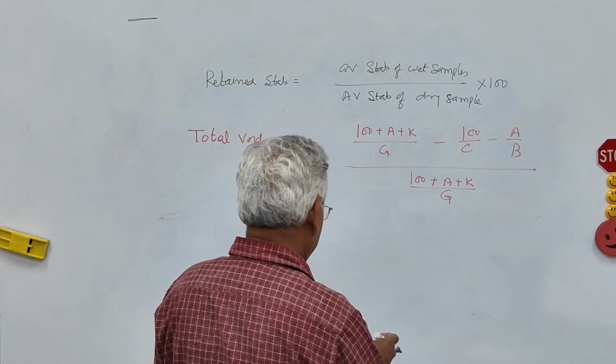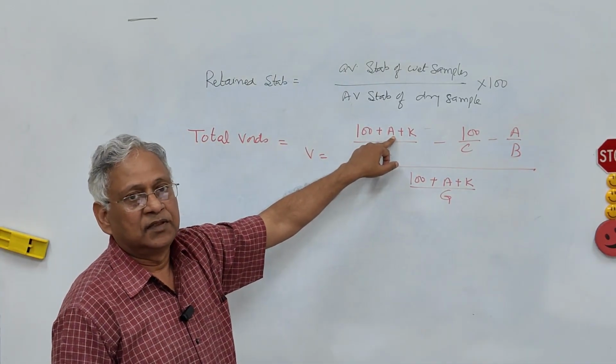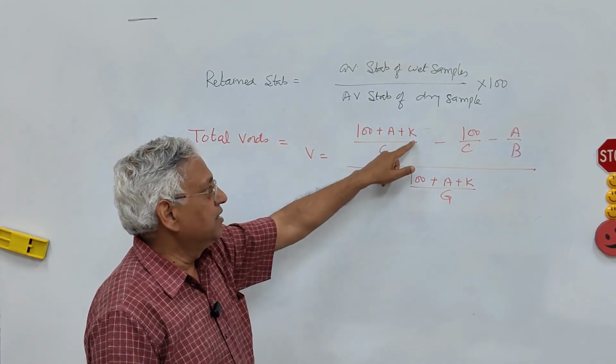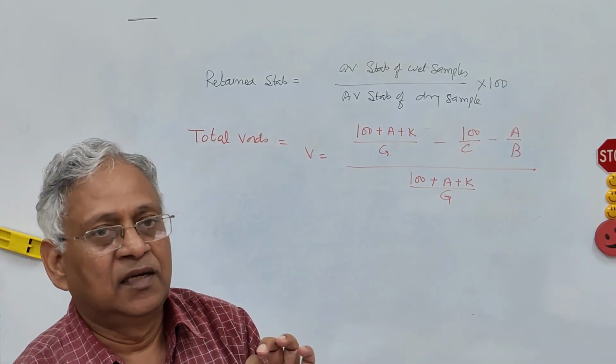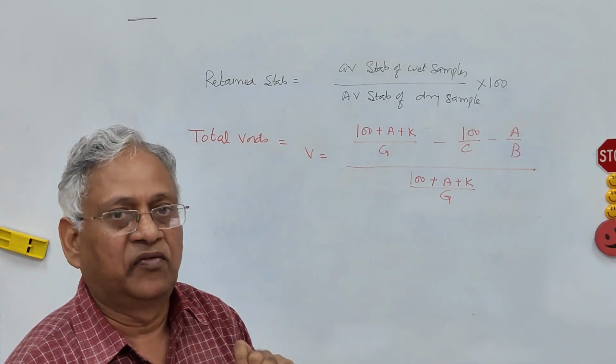A is the asphalt residue in the emulsion, 65%. K is again the moisture content at compaction. But here the determination of moisture content at compaction is slightly different.